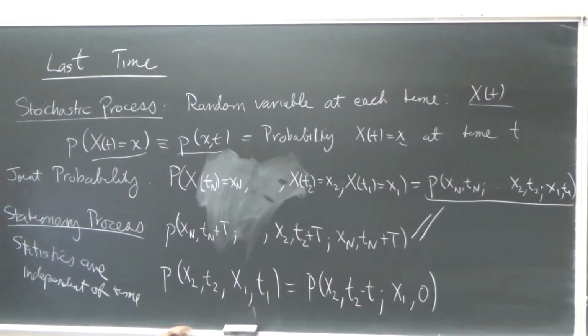So that means that if I shift the origin of time by some amount, it doesn't change the probability distribution.